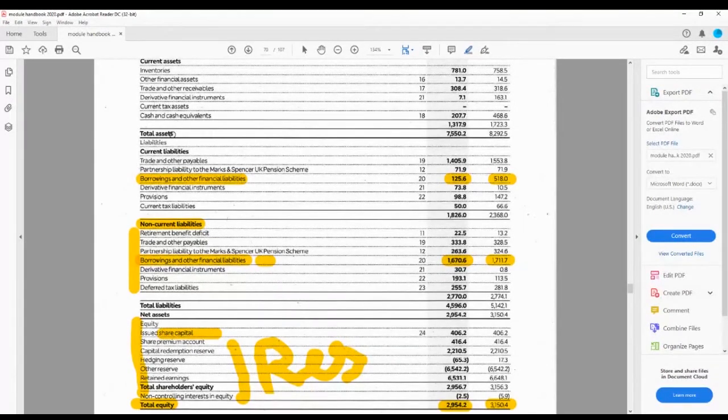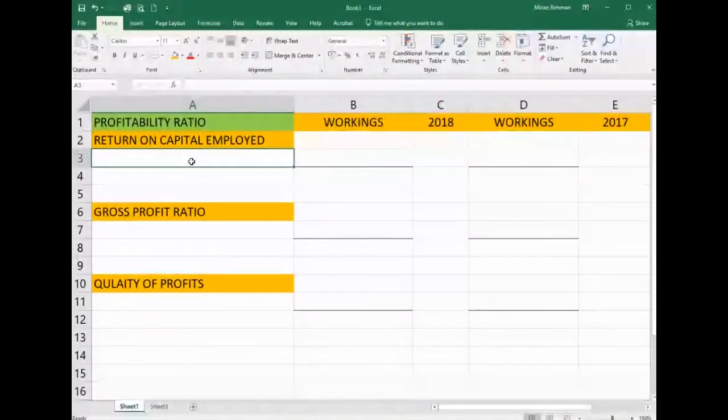So I'll pick up the figure from the current liabilities as well, which is borrowings and other financial liabilities. I'll pick these two figures up and scroll to this formula. I've already written a few things. I'm doing 2 years. You're going to have to create a very similar table for your coursework.